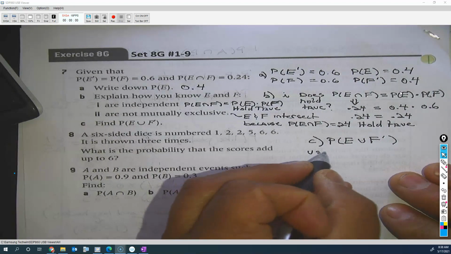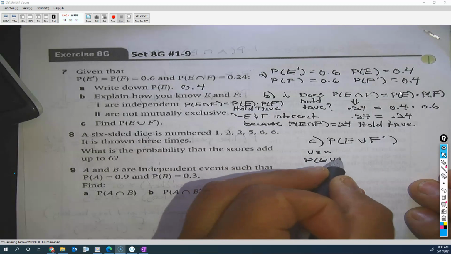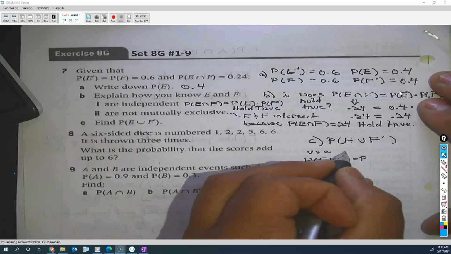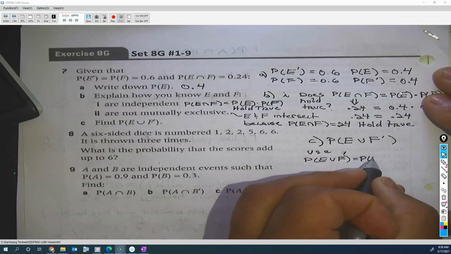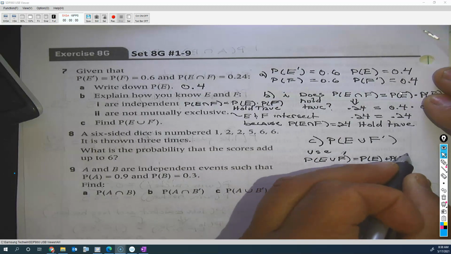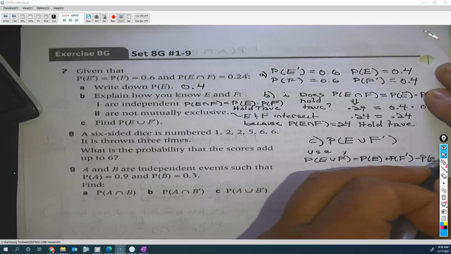So use P of E union F equals, that's F prime now. So that's P(E) plus P(F prime) minus the intersection of those two.